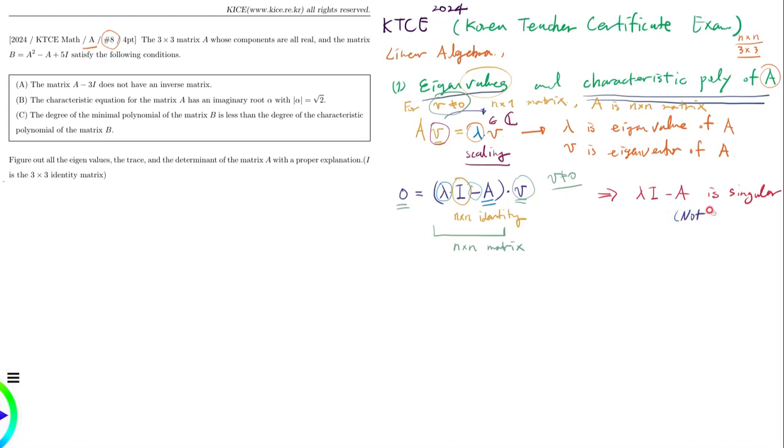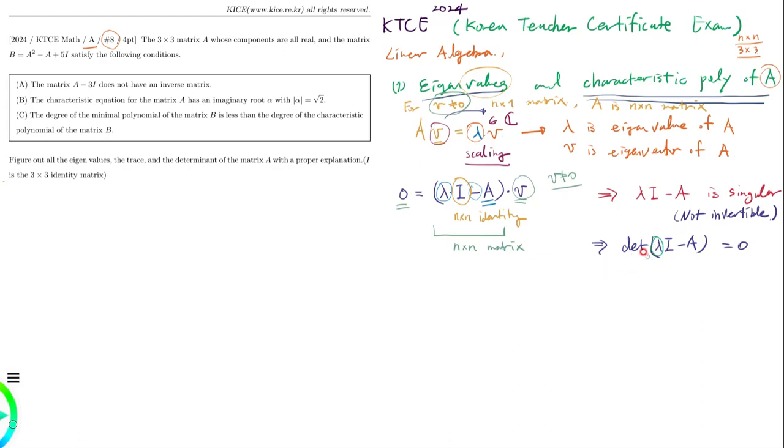So that means its determinant is 0, and its determinant is a function of lambda.